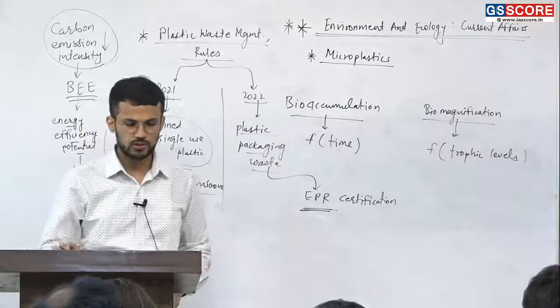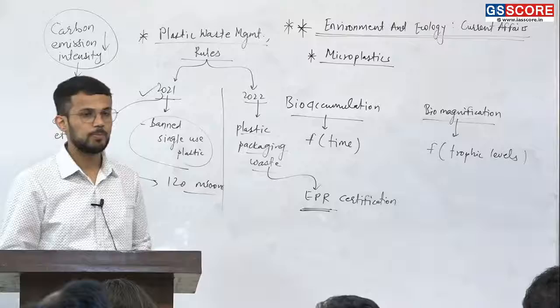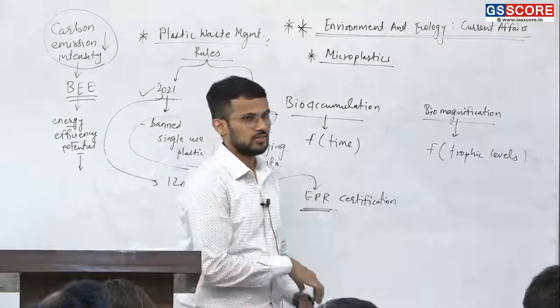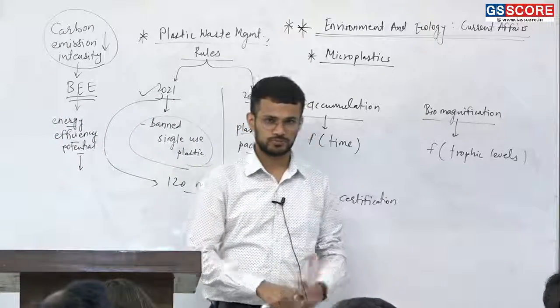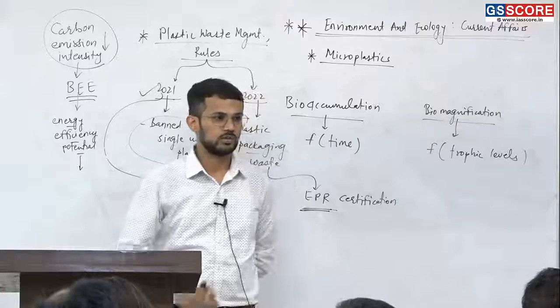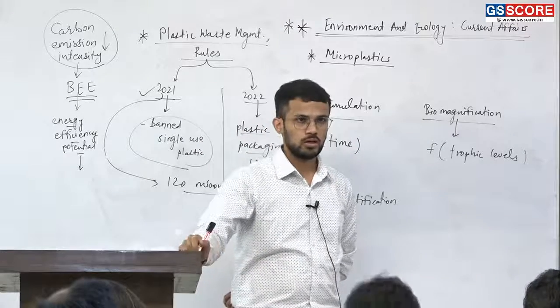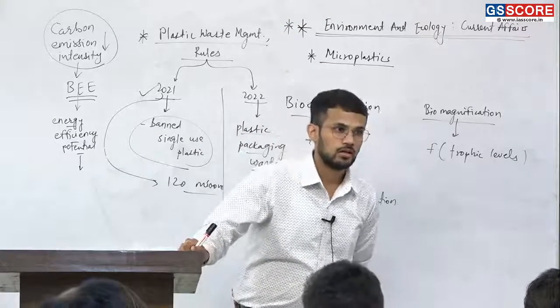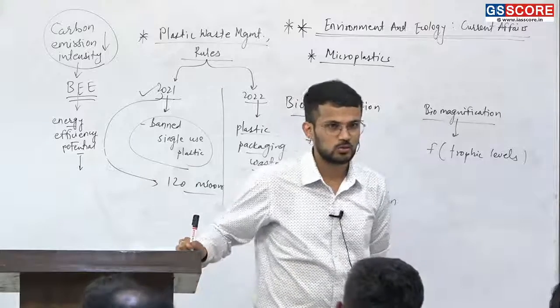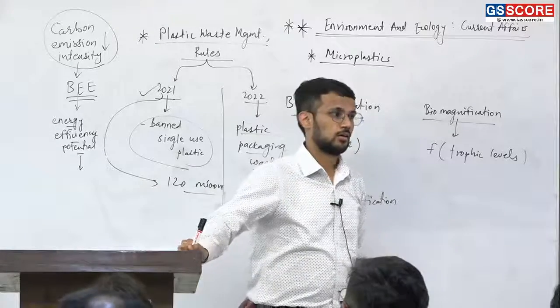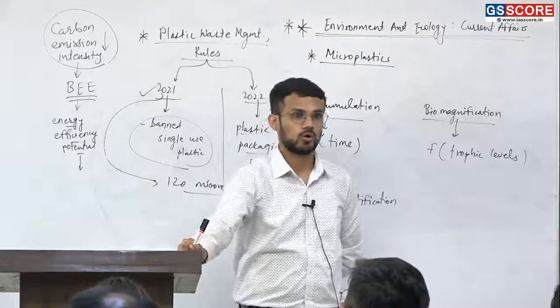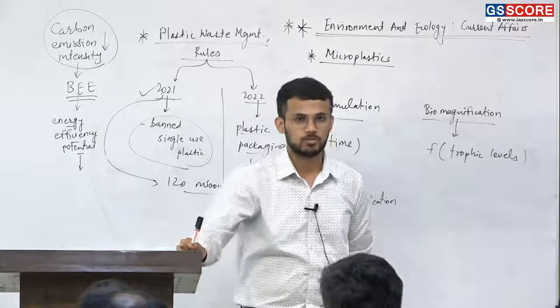Fine, next, VOCs, volatile organic compounds, and this is a favorite topic of UPSC as well. Right? Last year there was a question in mains 2022, not about VOCs, but about photochemical smog.